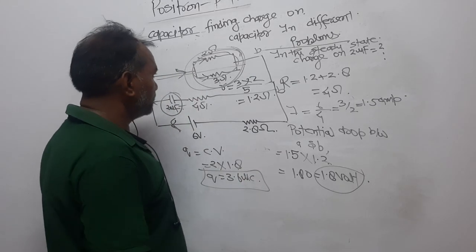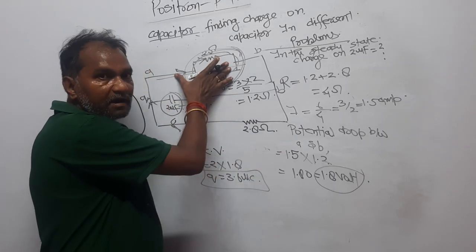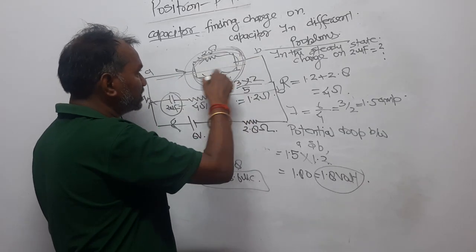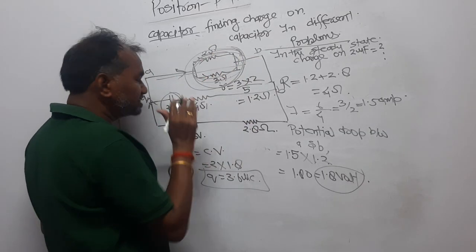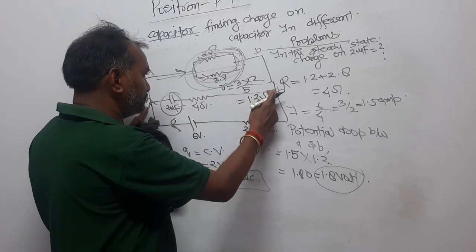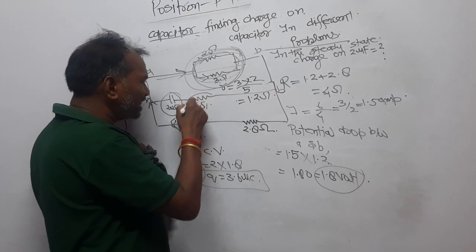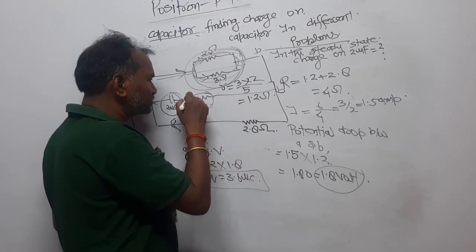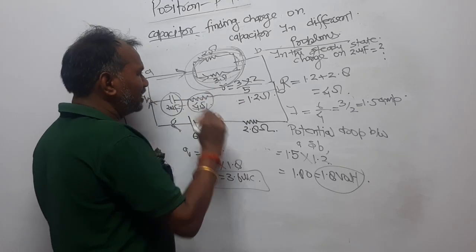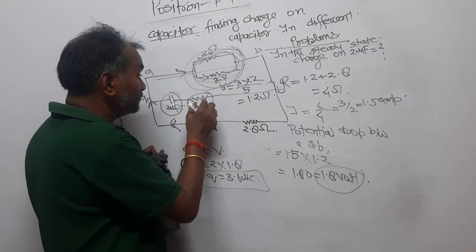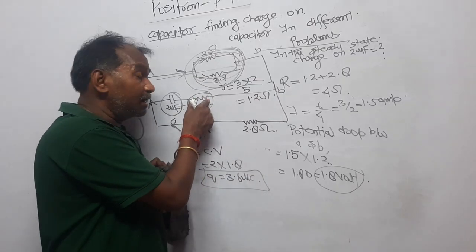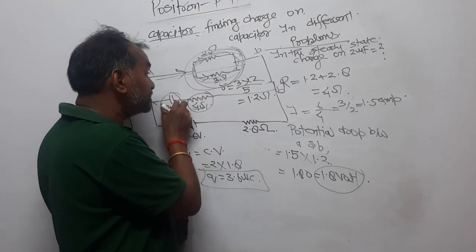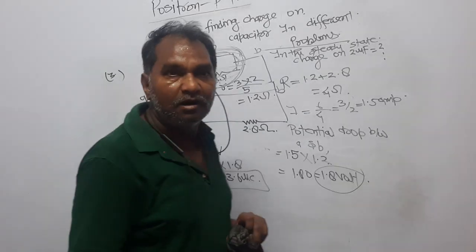What concept have we applied? This combination was parallel to this. So whatever potential difference appears across the terminals of these two, the same potential difference will appear across it, but there is no current in the steady state. So no current is flowing, so the resistor is not going to work at all. If there would have been current, then this potential difference of 1.8 volt would have been distributed between these two, right?